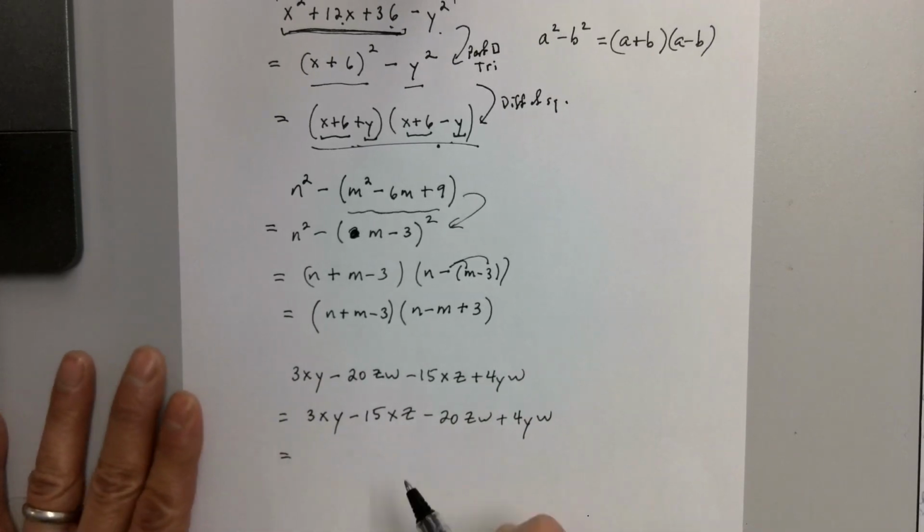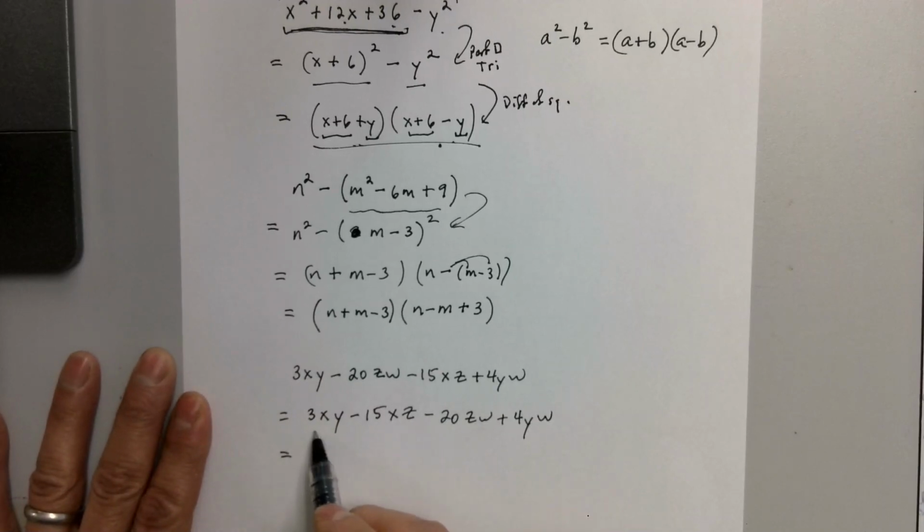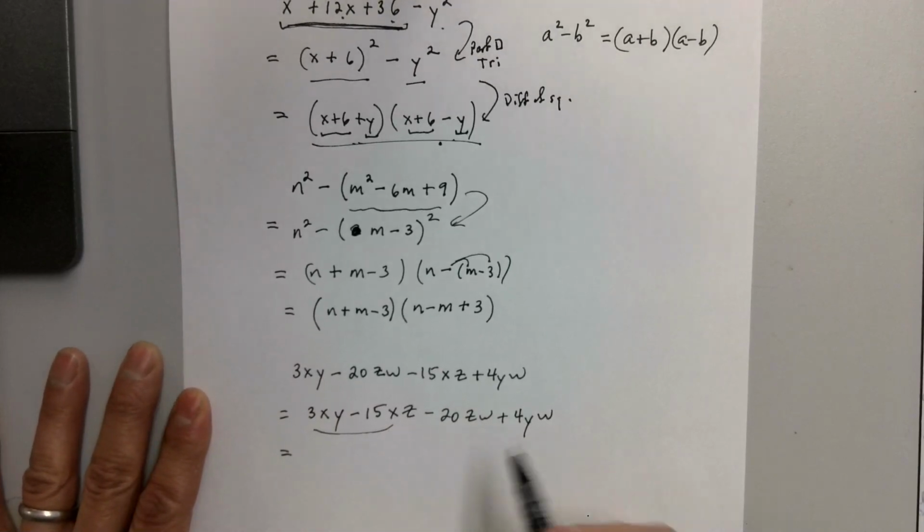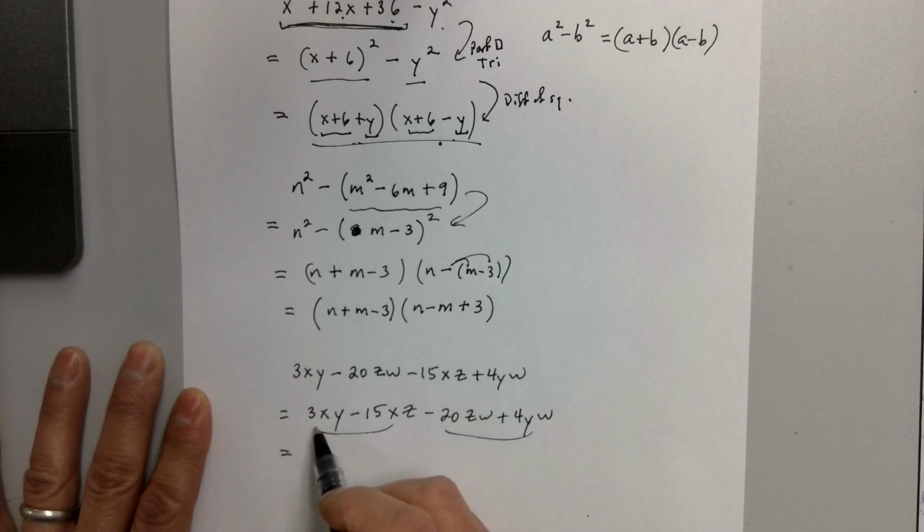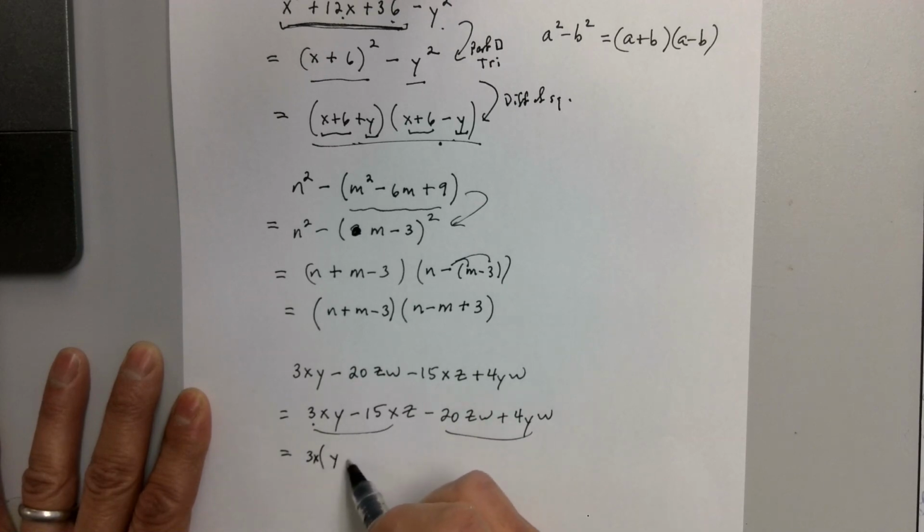And then I'm going to take out a GCF from here, followed by a GCF from here. The GCF here is 3x. The leftover is y minus 5z.